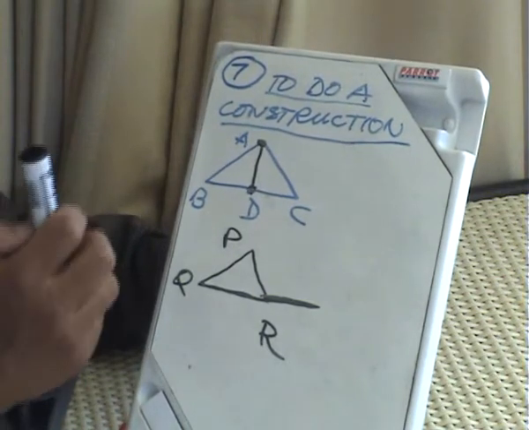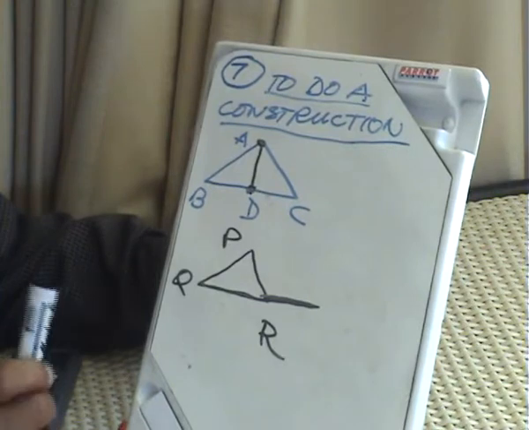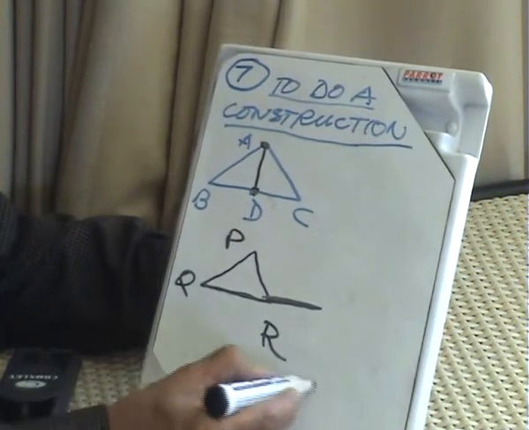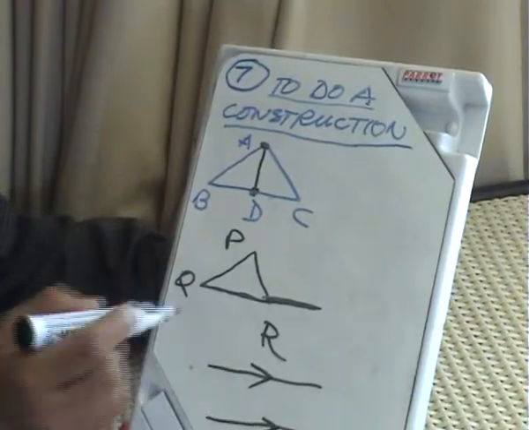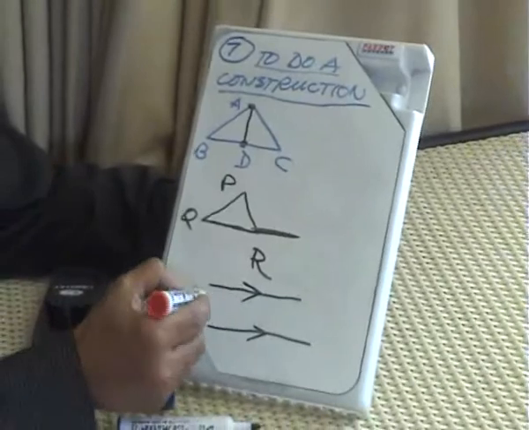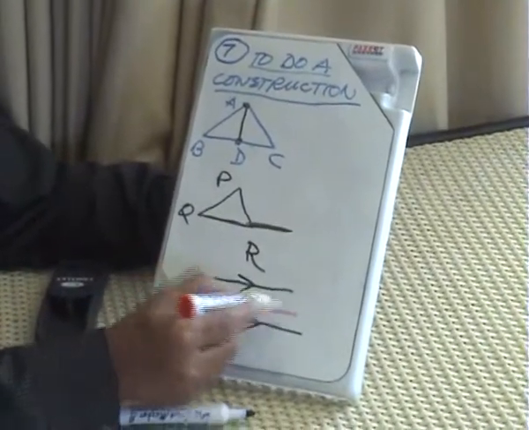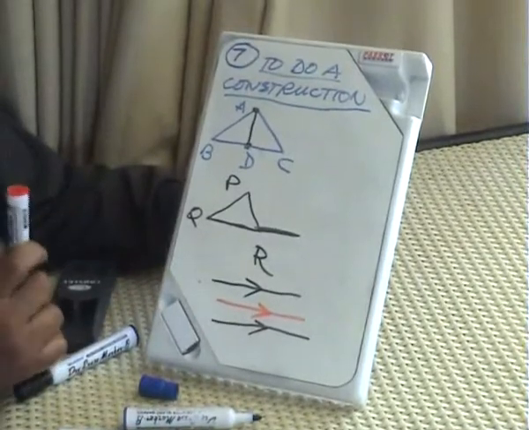Then I have a right to draw a line parallel to a given line. If I am given these 2 lines which are parallel, I have a right to draw another line in the middle or below it parallel to the given lines.